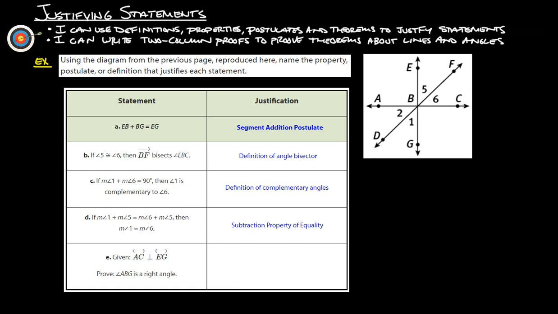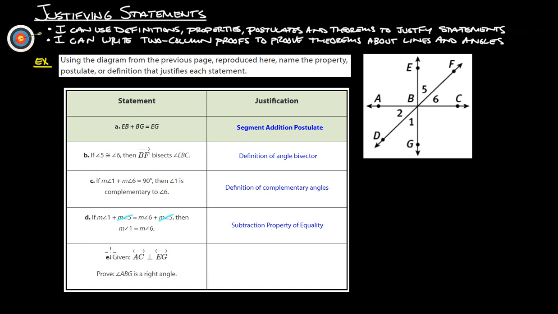So if we subtract the measure of angle 5 from both sides, we take that out and take that out, and you are left with the measure of angle 1 equals the measure of angle 6. Okay, it looks close to the transitive property, but transitive is saying if one thing is congruent to another, and another is congruent to a different thing, then the first is congruent to the last. So anyway, we subtracted 5 from both sides, subtraction property.